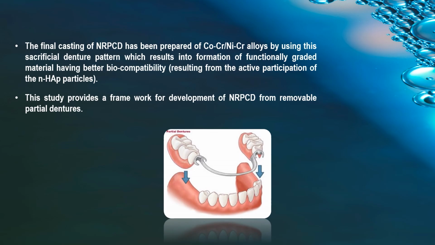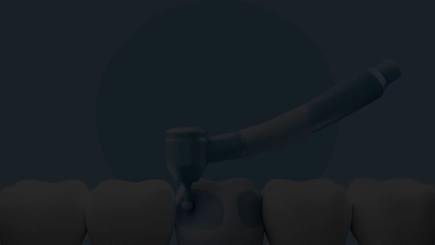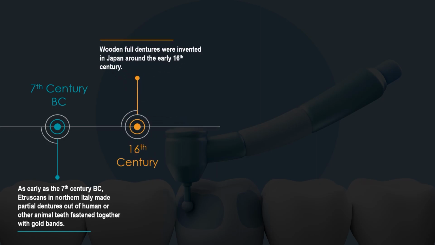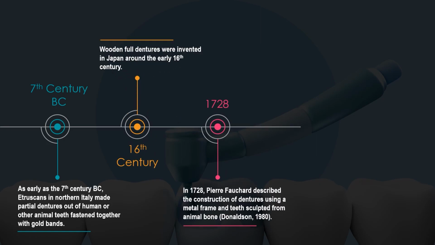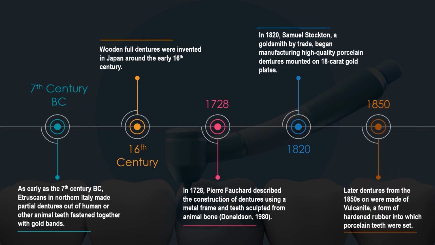If I go for the overview, people have reported the use of dentures since the 7th century BC, and earlier people were using gold bands for fastening these dentures. In the 16th century in Japan, people reported the use of wooden dentures. Then there is a very good paper by Donaldson, reported in the 80s.